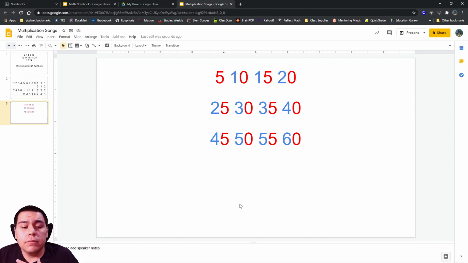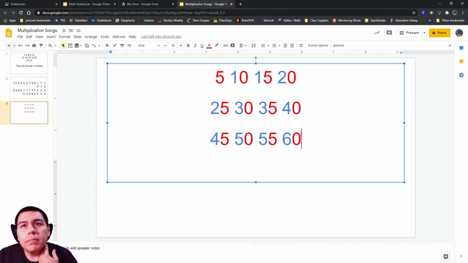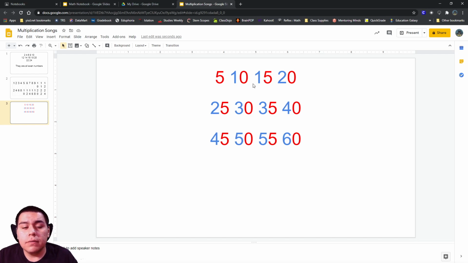So for this pattern, who can tell me what number would come next? We have 5, 10, 15, 20, 25, 30, 35, 40, 45, 50, 55, 60. What number would come next in our pattern if it keeps following the same pattern? Jaylene? 65. 65.